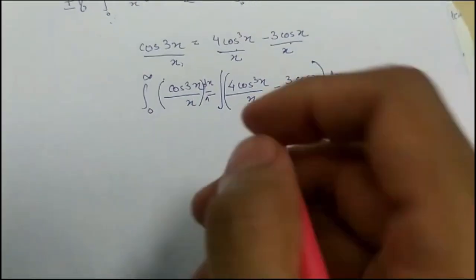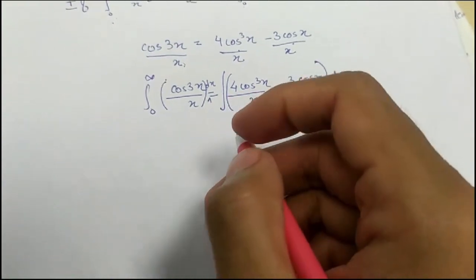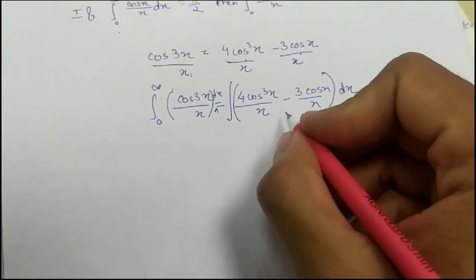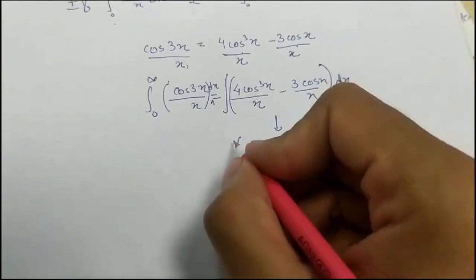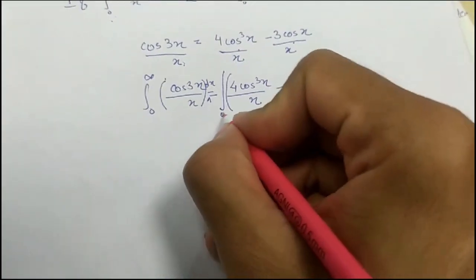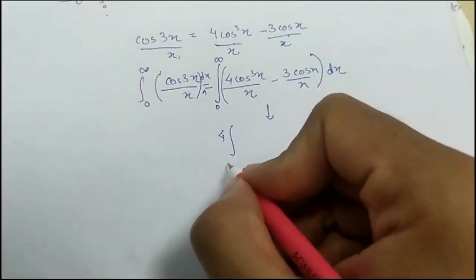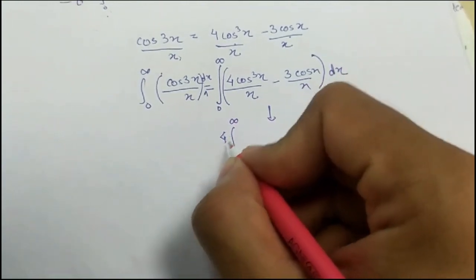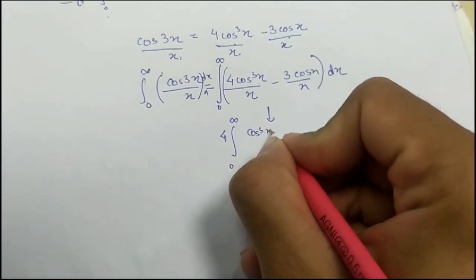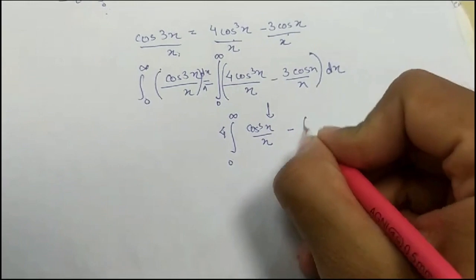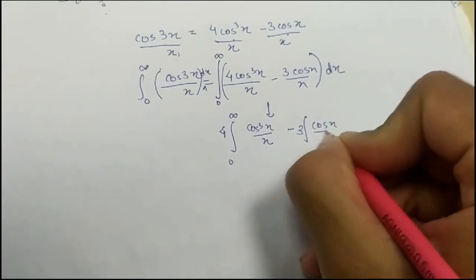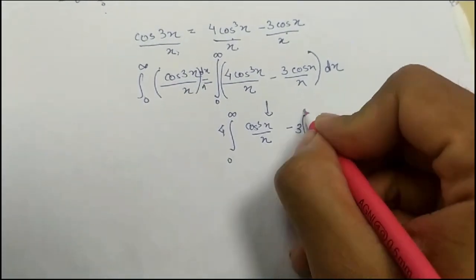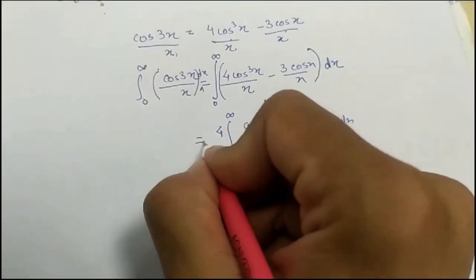Now we can write this as an integration, and I forgot the limits here, 0 to infinity. It was a constant, so 4 got out, cos cube x by x, minus 3 got out, 0 to infinity, equals to.